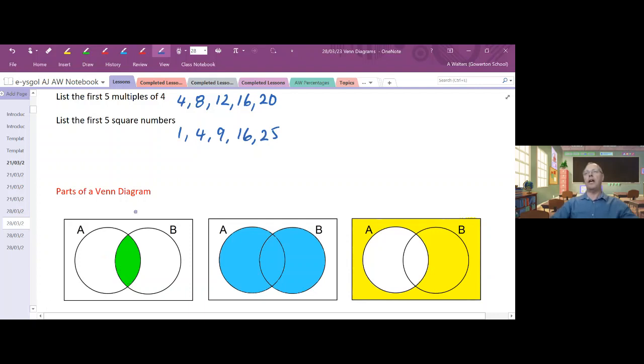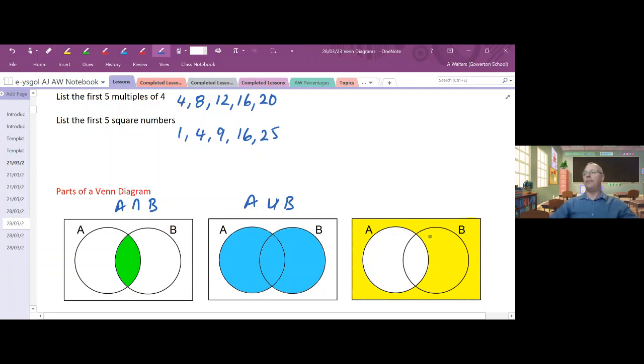Okay, and the intersection of A and B looks like that. The next one is called the union, when you're adding everything inside A and B together, and the union would look like that.